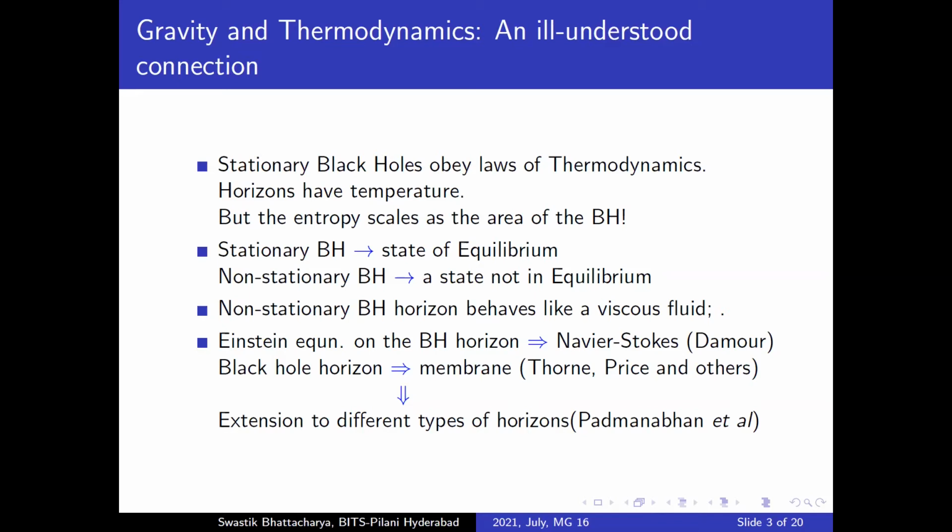And then it was later extended to other types of horizons, and in fact generically to null surfaces also. Because if you think about it, any null surface can act as a horizon for a particular set of observers or a class of observers. So this is the situation which we are in regarding the non-stationary black holes.